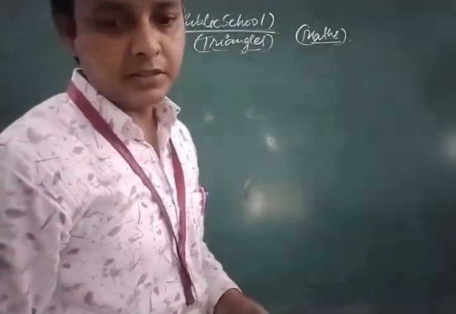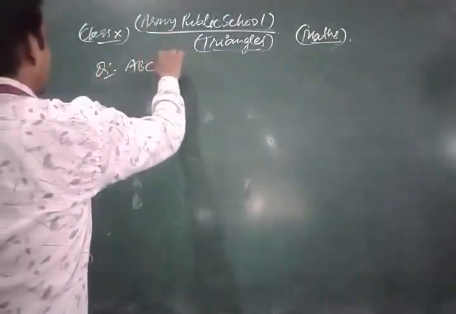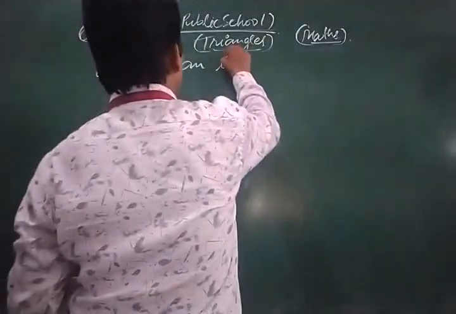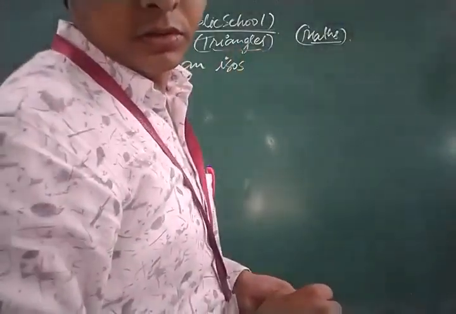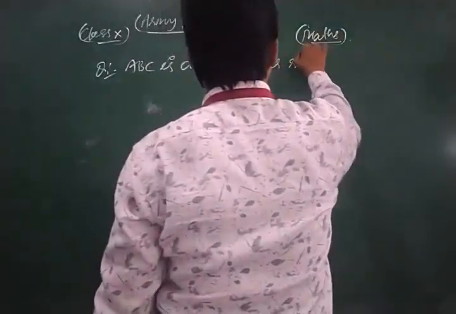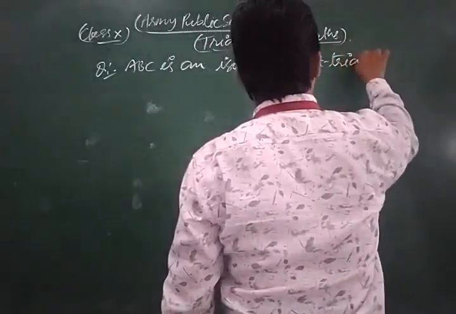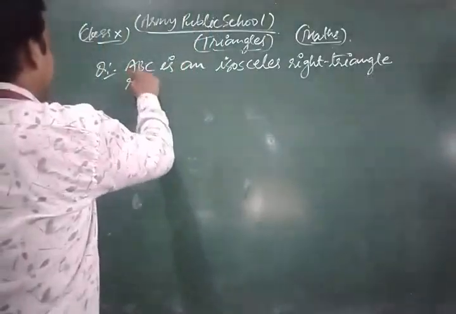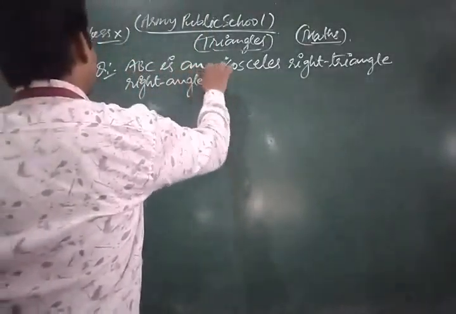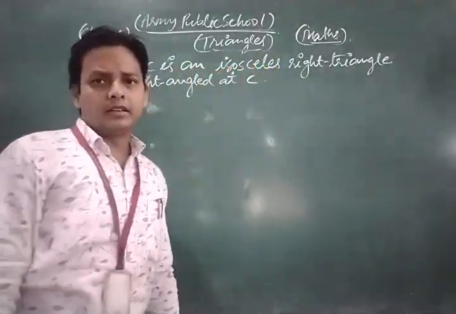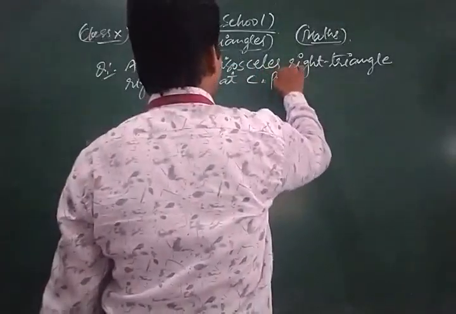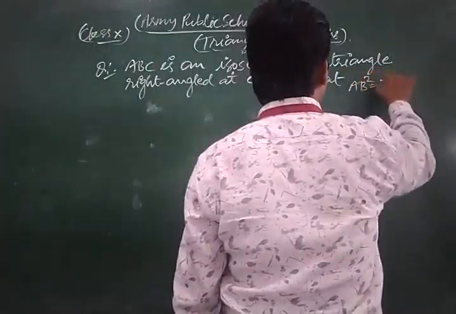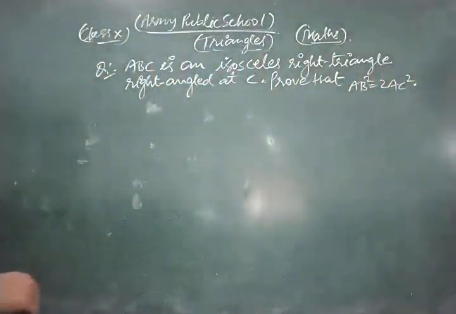Let's see, the question is: ABC is an isosceles right triangle, right angled at C. Prove that AB square is equal to 2 AC square.